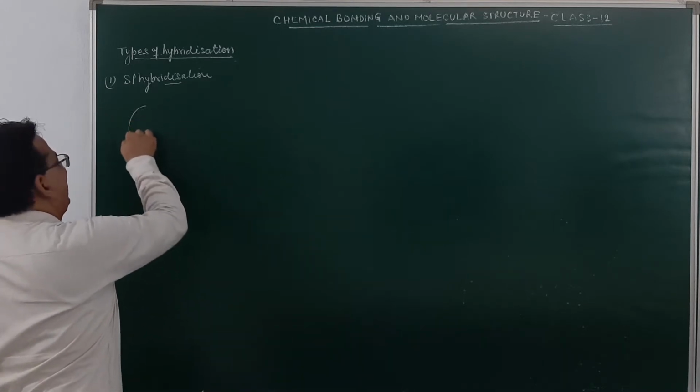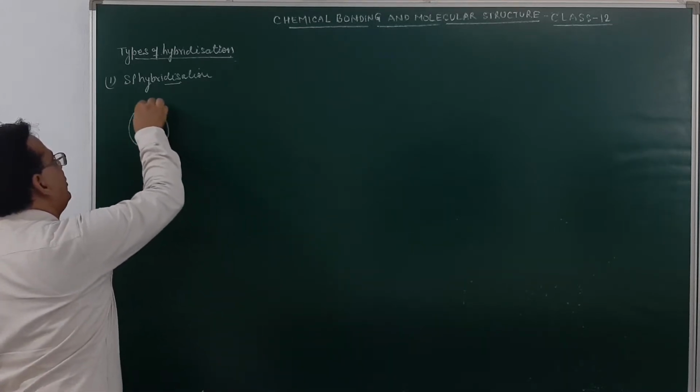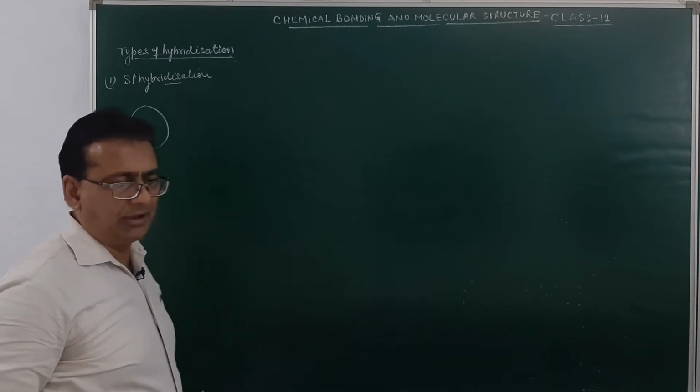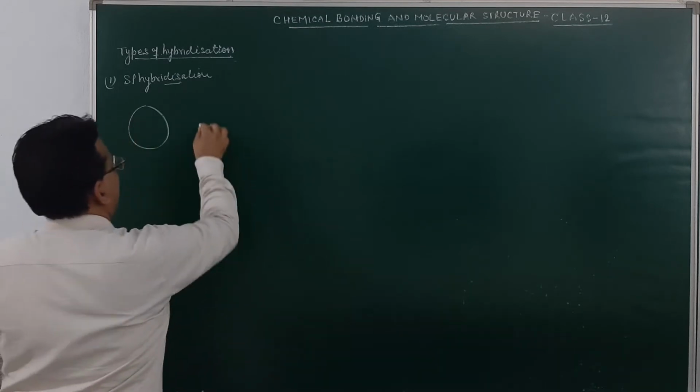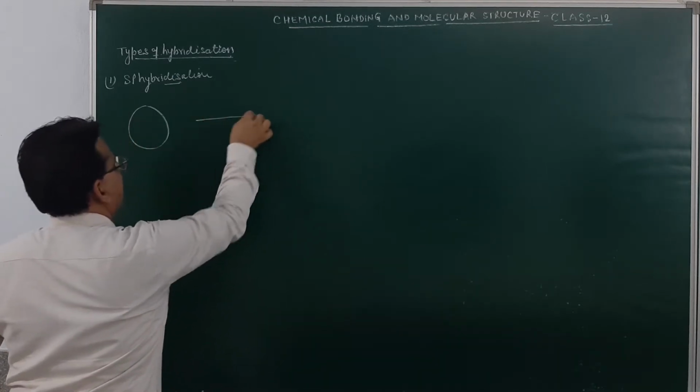So, how does the sp hybridization take place? Suppose this is an s atomic orbital. We all know s is spherically symmetrical in all directions, and this is a p atomic orbital.